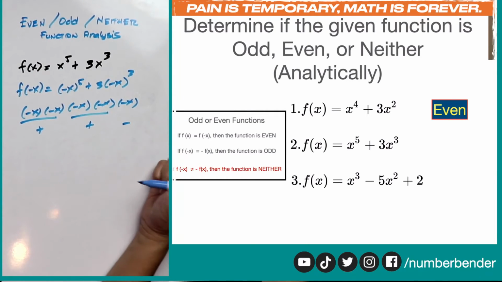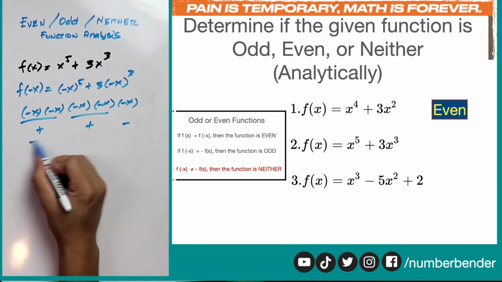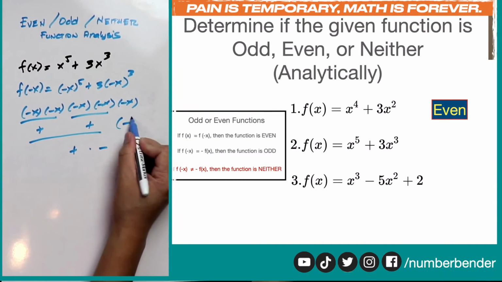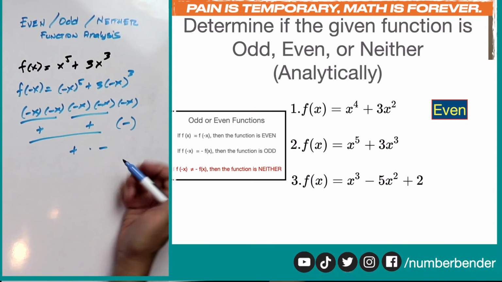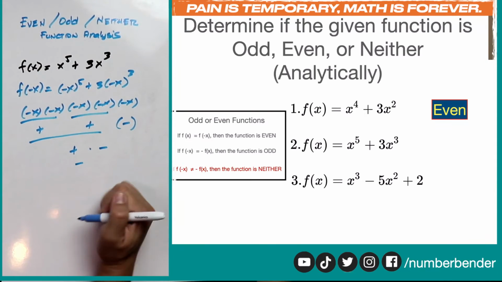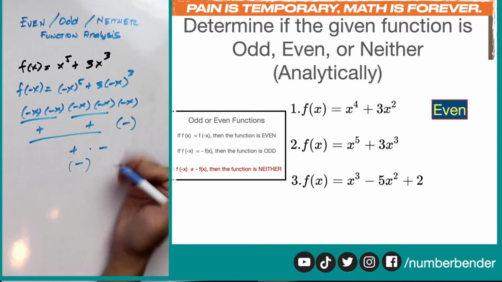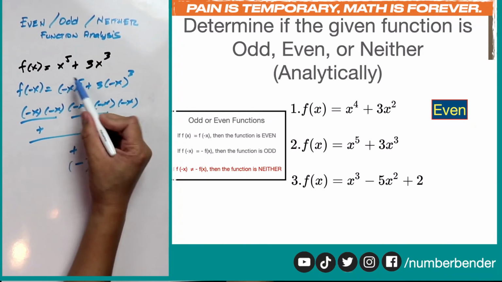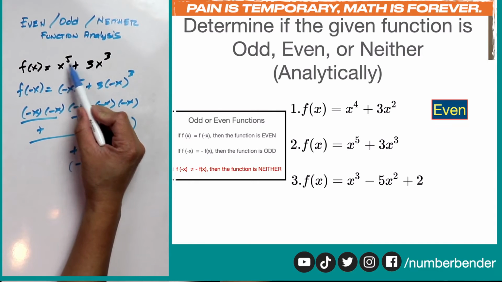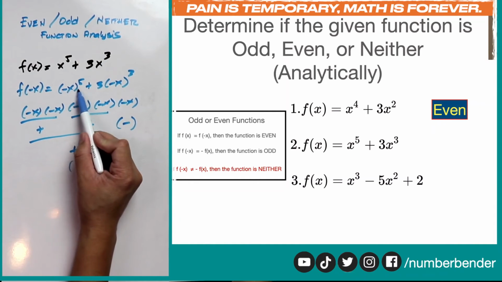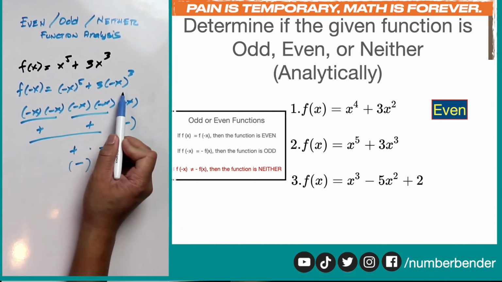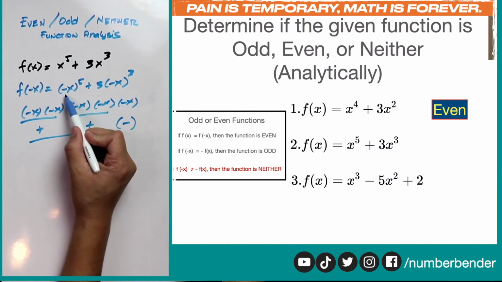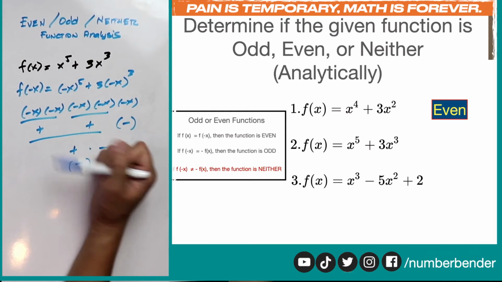And this will remain negative, and by further simplifying it, positive and positive is positive, and if we multiply it with this lone negative x right here, it will turn into negative. So it's logical to assume and say that every time you have an odd exponent and you are evaluating a negative input, it will remain negative, and if it's even, your negative input will become positive.